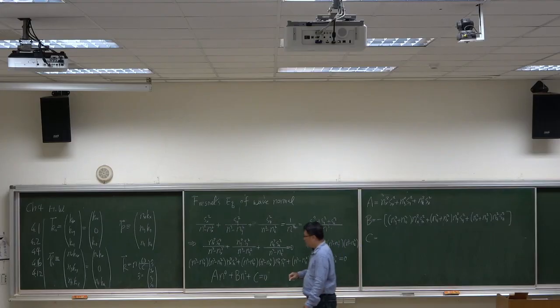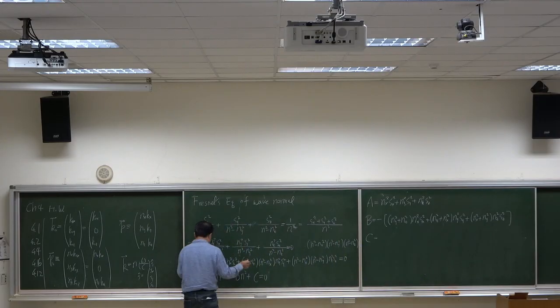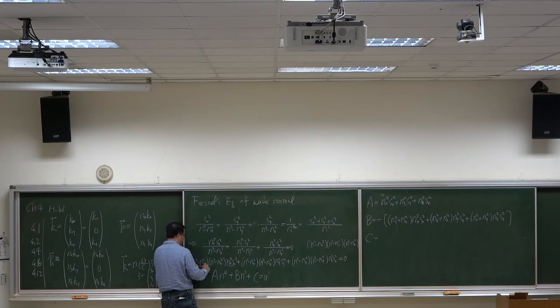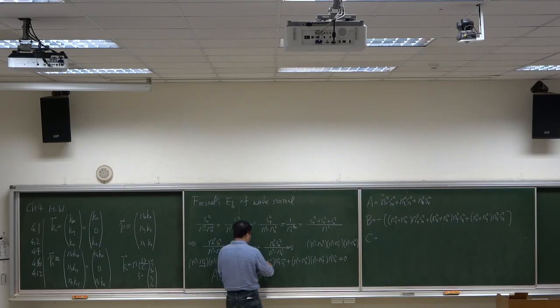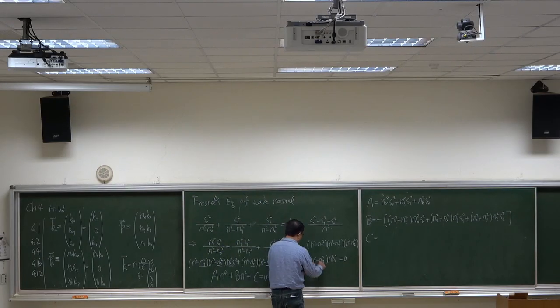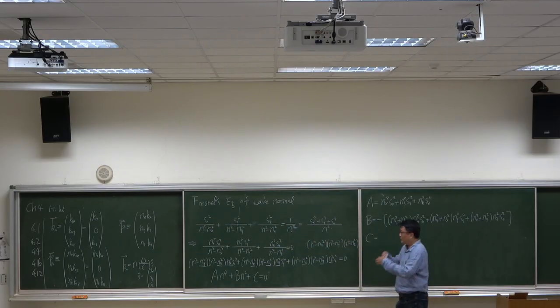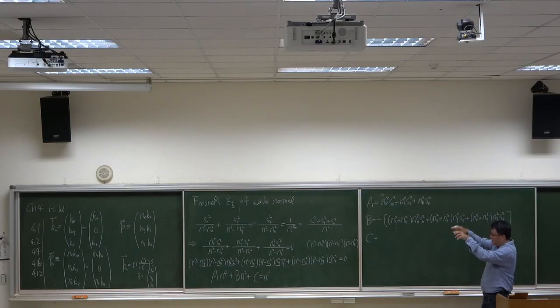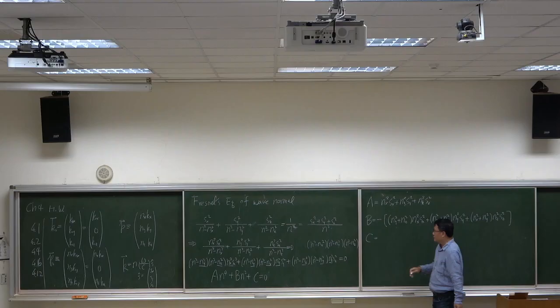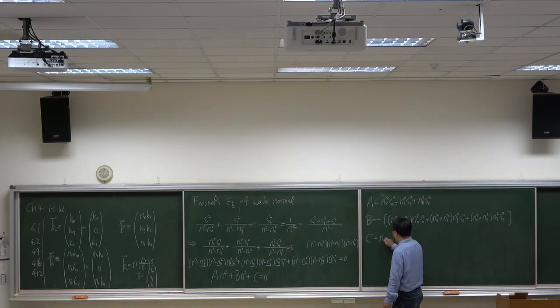C is just the constant term. So we have nx squared, ny squared, nz squared times sx squared, plus nx squared, ny squared, nz squared times sy squared, plus nx squared, ny squared, nz squared times sz squared. The summation of the three s components squared is equal to 1, so c is just nx squared ny squared nz squared.